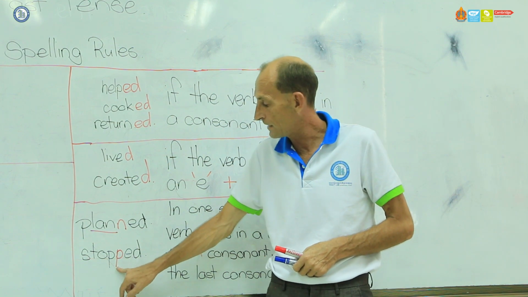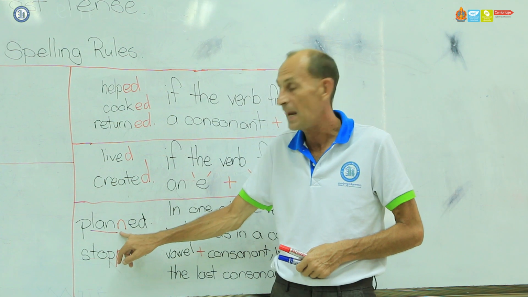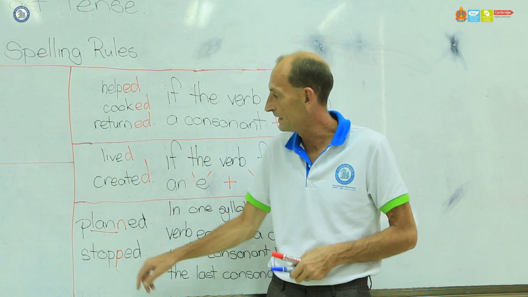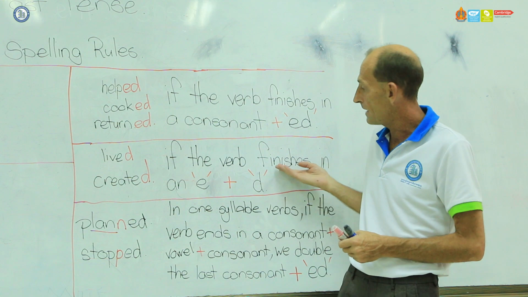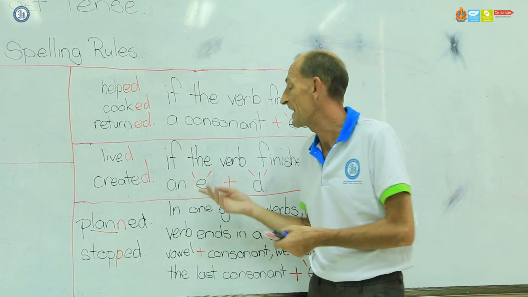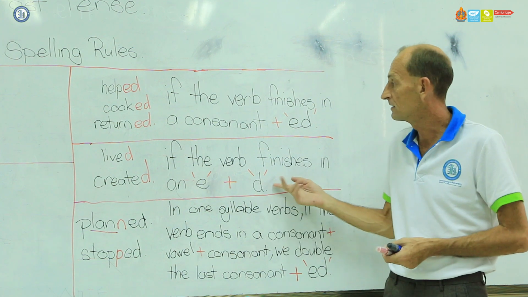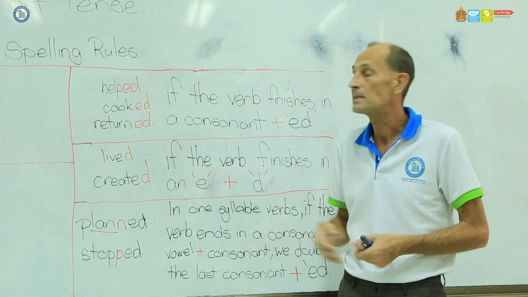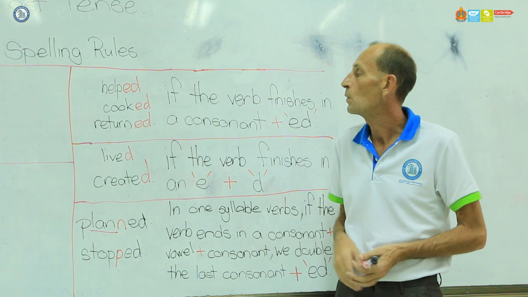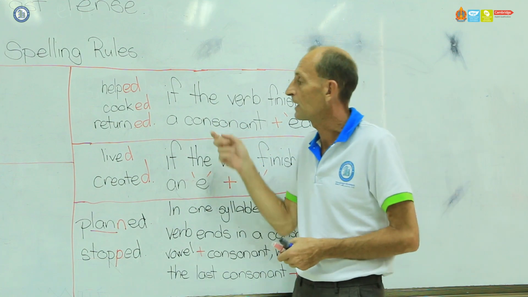So we've added an extra P, and in plan, we add an extra N before we add ED. Now our next one, if the verb finishes in an E, we just add D. Most base verbs, we just put ED on the end if they finish in a consonant.